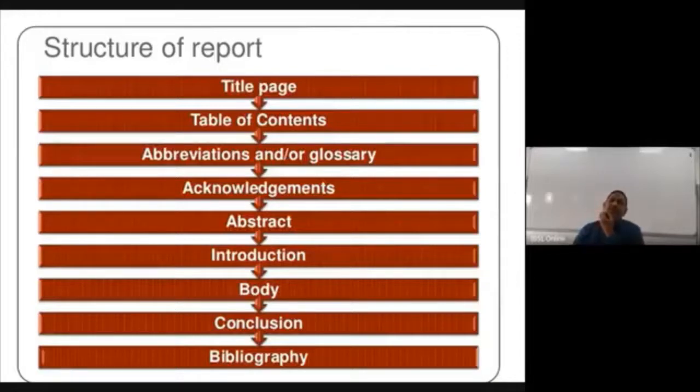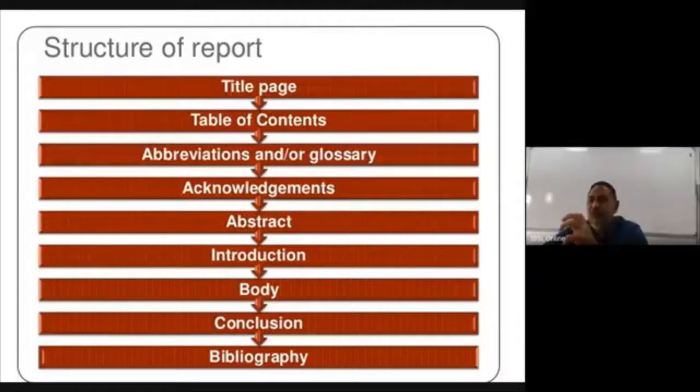Then the abstract, also called the executive summary. The executive summary or abstract gives, in a nutshell, the entire study and your final conclusion, in summary form.